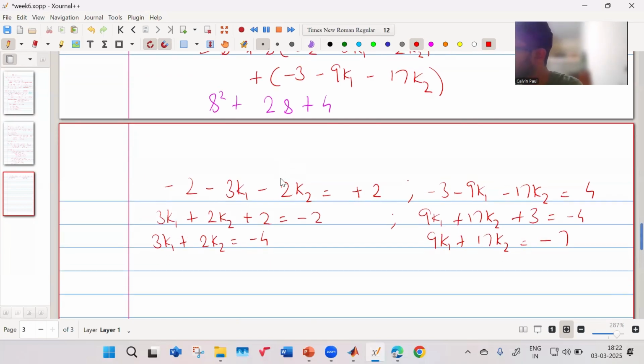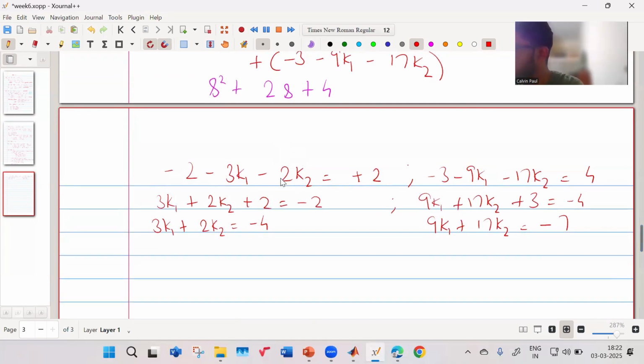Okay, so now a simple way is, I write 3k1 is actually minus 4 minus 2k2. See, you can use your calculator and solve this. But I don't think you can solve simultaneous equations using the GATE calculator which is there in the NPTEL exam. So in that case, you have to do what is known as substitution.